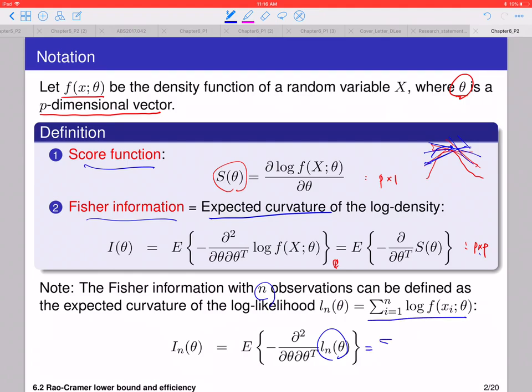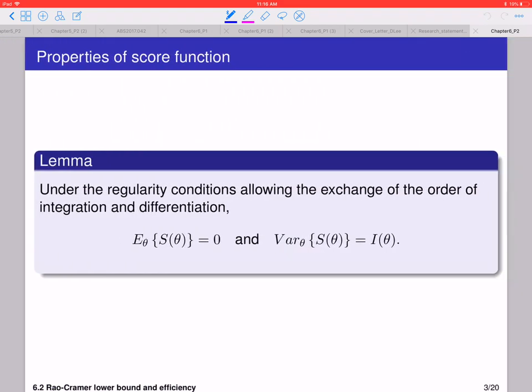So this one becomes a summation of the single observation based information. If they are IID, then they are all equal, so that it is n times I, something like that.